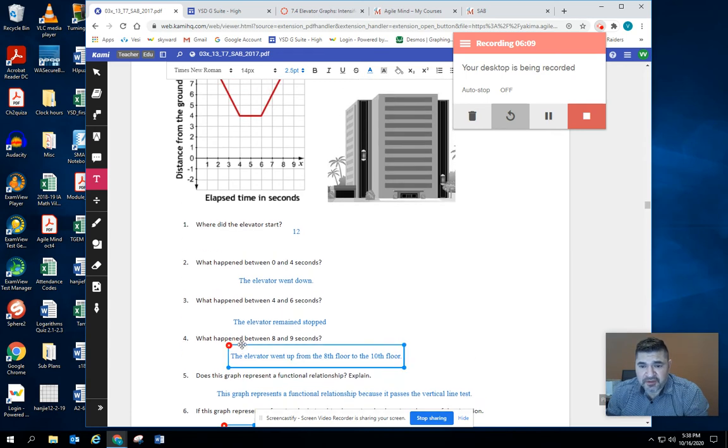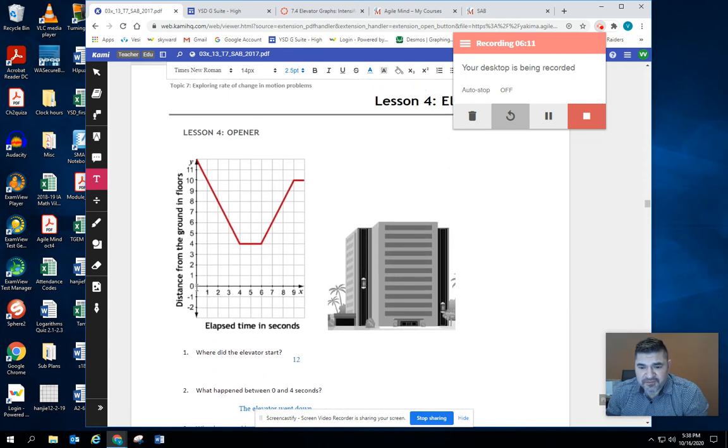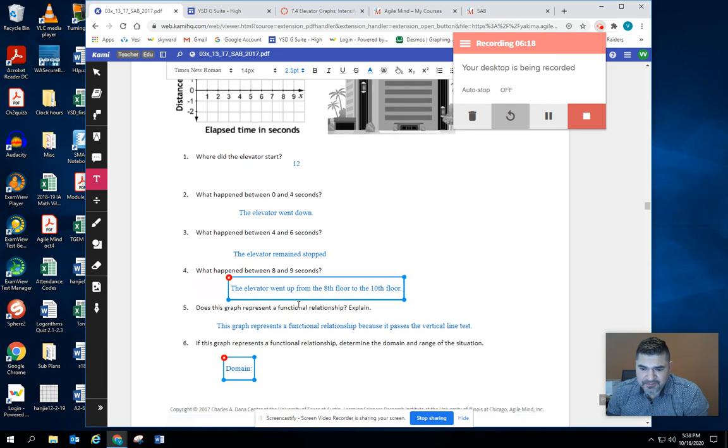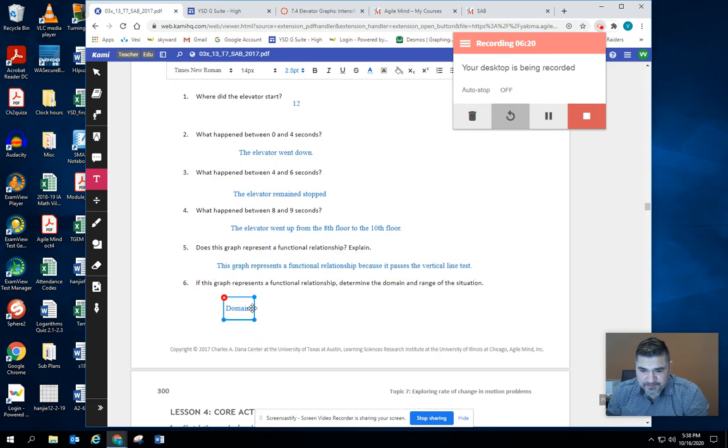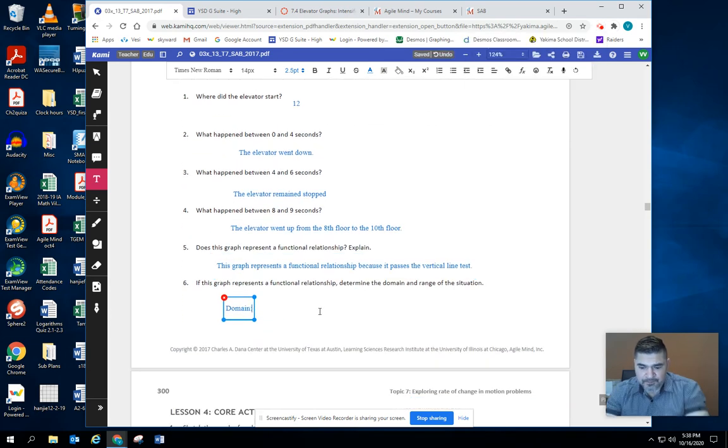So we're going to look up here. Here's our domain, it's the x values here. So I go from 0 to 10. So I'm going to say that our domain is from 0 to 10 in seconds.